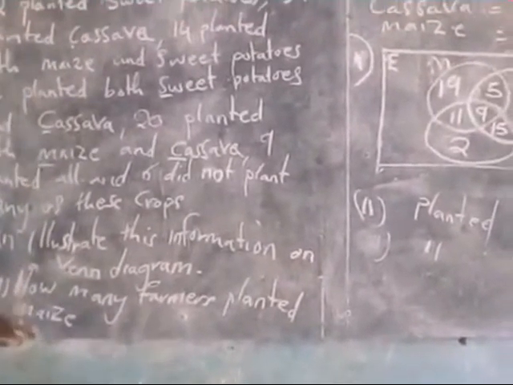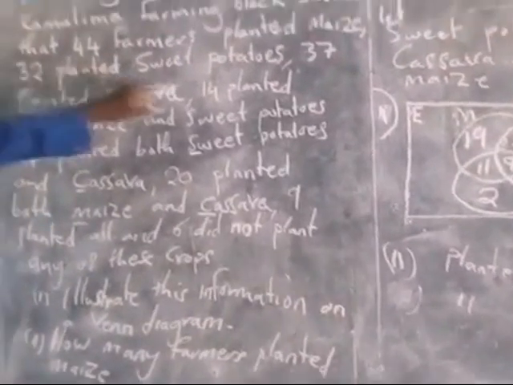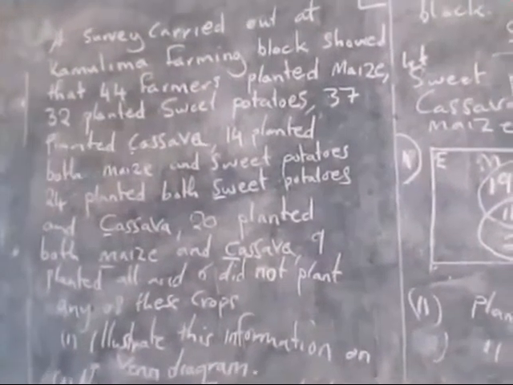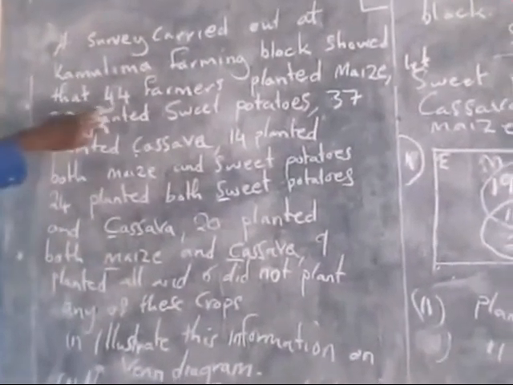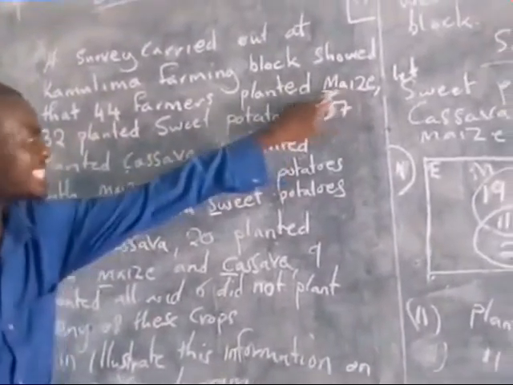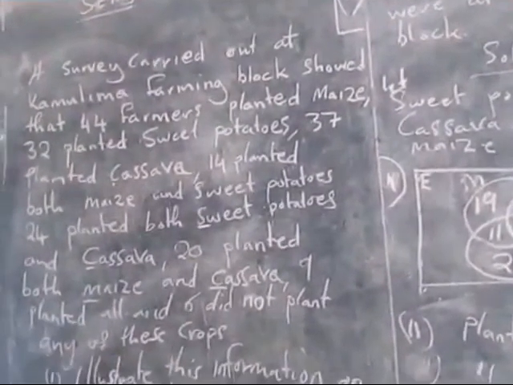We are told, even from the first part, that we have 44 farmers who planted maize. And this is the same statement, which is how many farmers planted maize.